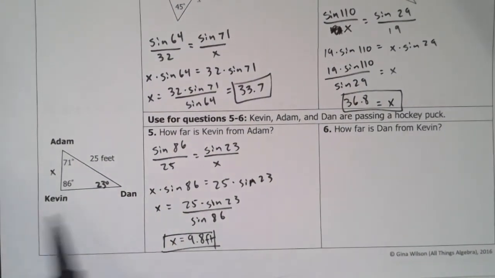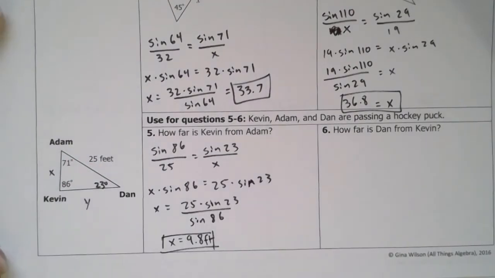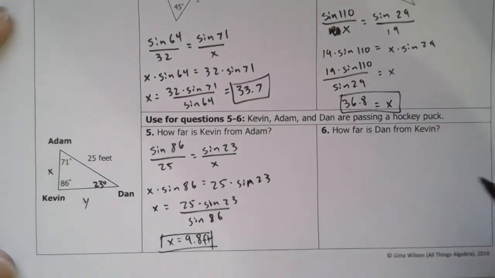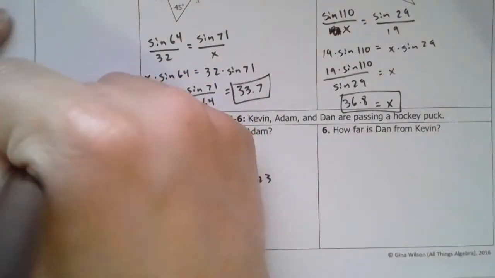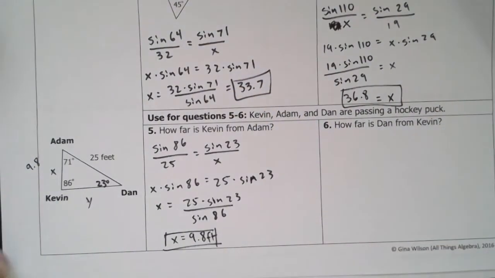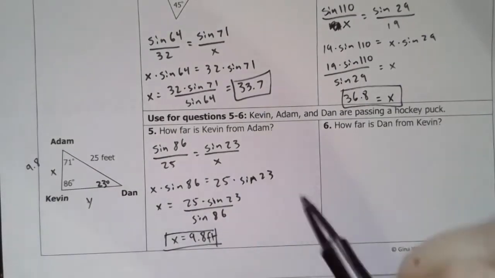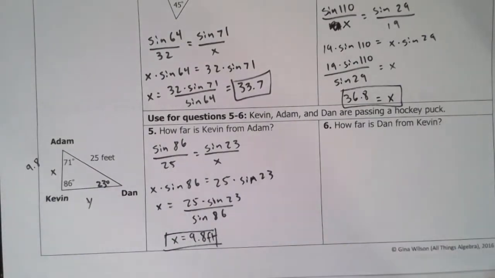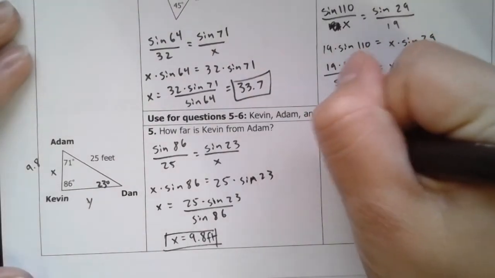So 6 says, how far is Dan from Kevin? Here's Dan, here's Kevin, so I have y there, and it's the same ratio. Now that you found 9.8, you can actually use any of those other two. So we could use the one we found, or the one that's already given, and you'll get the same thing. You can test it if you'd like.